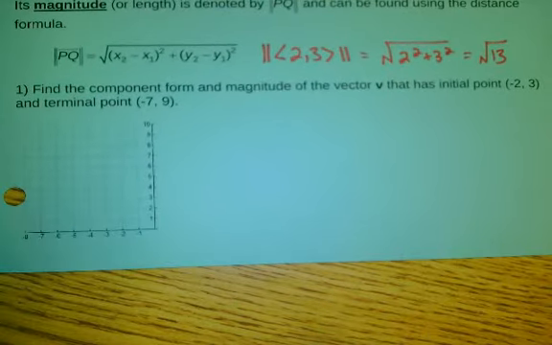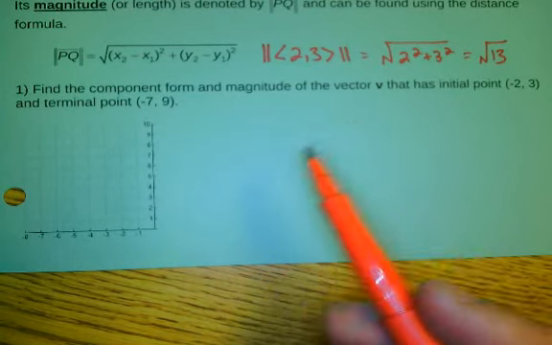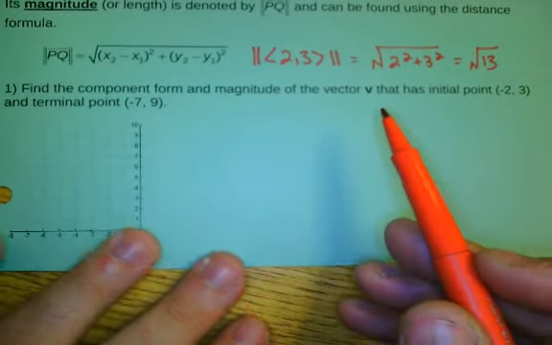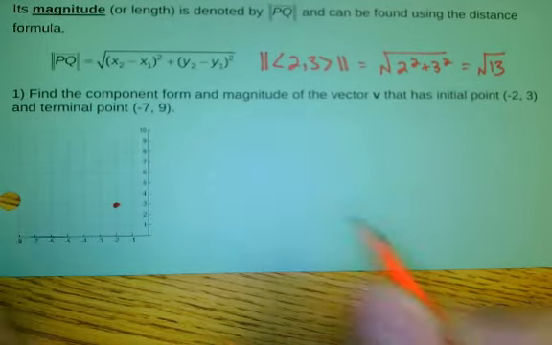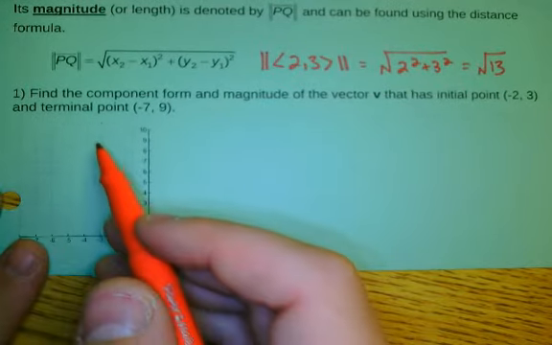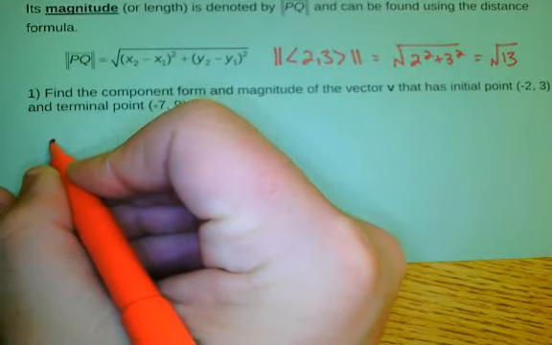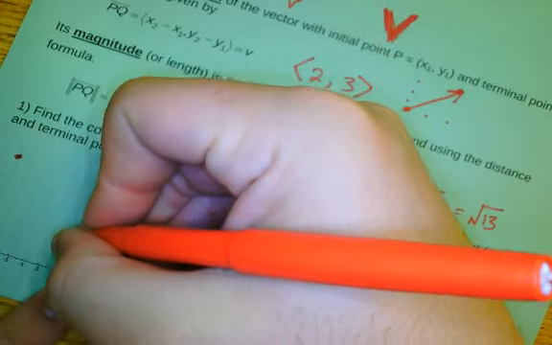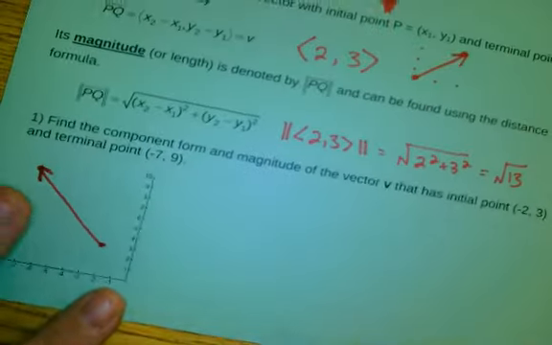So let's actually do an example of what a vector is. Find the component form, which means the chevrons, and the magnitude of the vector v that has initial point (-2, 3). So we can just plot this for giggles. And terminal point (-7, 9), which is going to be right here. Make sure that you draw your arrow at the end, at the terminal point.